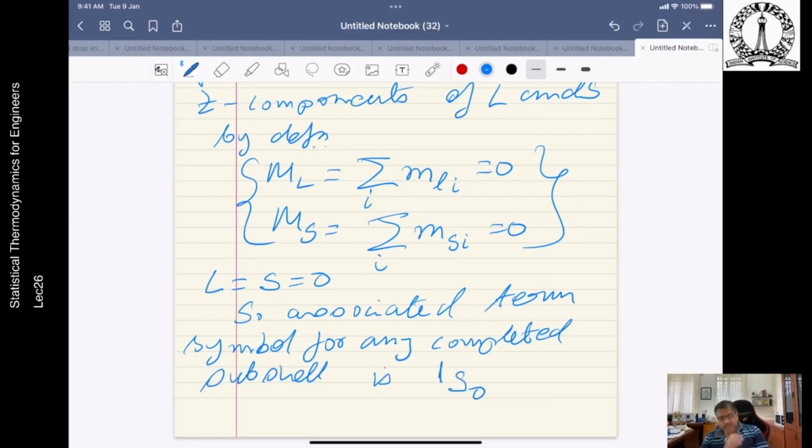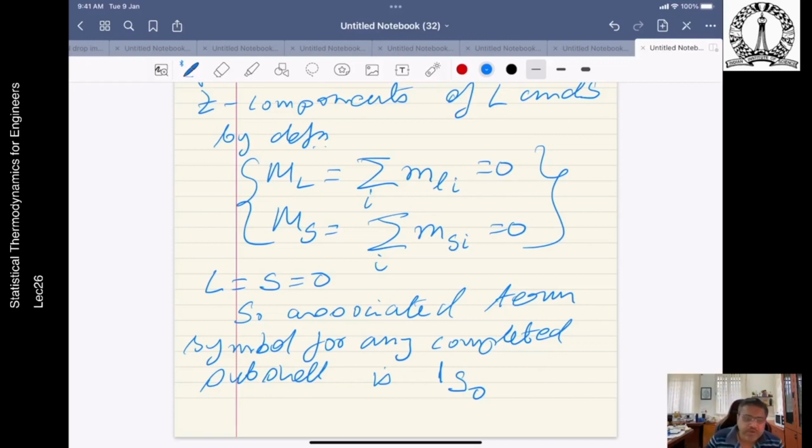Because L equal to 0, and if you look at the nomenclature, S equal to 0, so that is 1, and then J obviously is equal to 0 as well.